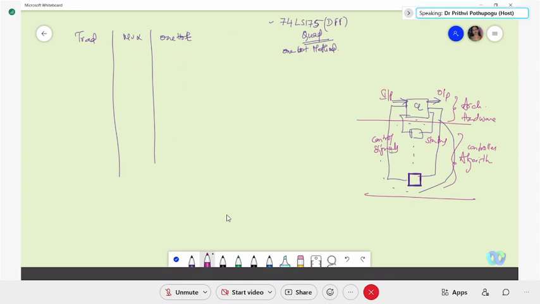In your traditional method, if the number of states is n and the number of flip-flops is m, what is the relation between n and m? 2 power m is equal to n.